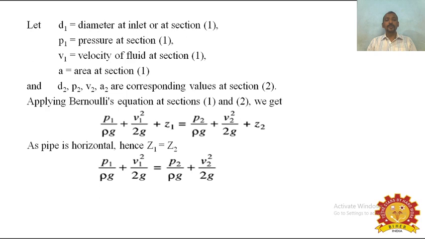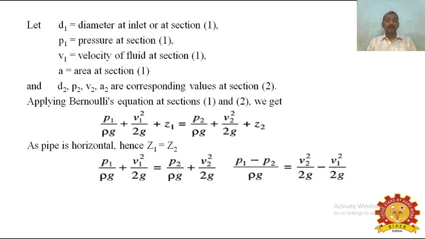Now I move the pressure terms to one side: P1 divided by rho g minus P2 divided by rho g equals V2 square divided by 2g minus V1 square divided by 2g. Taking rho g as common, P1 minus P2 divided by rho g equals V2 square divided by 2g minus V1 square divided by 2g.